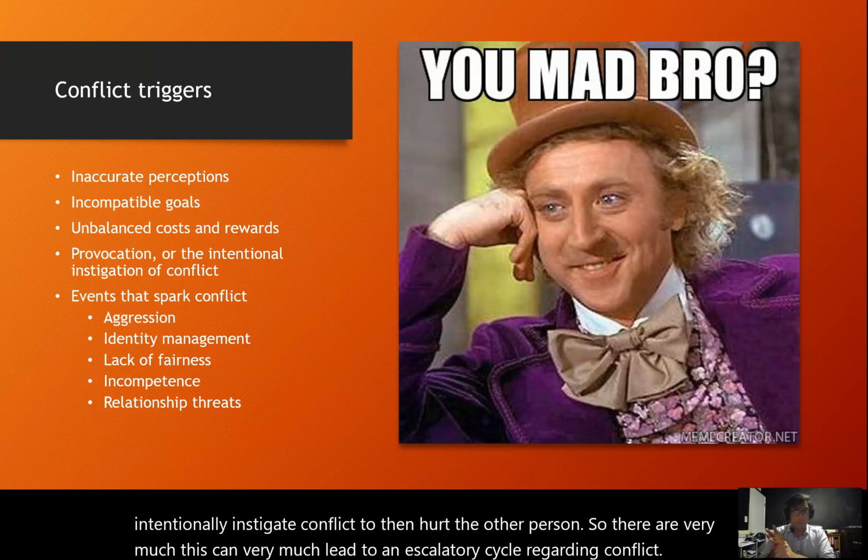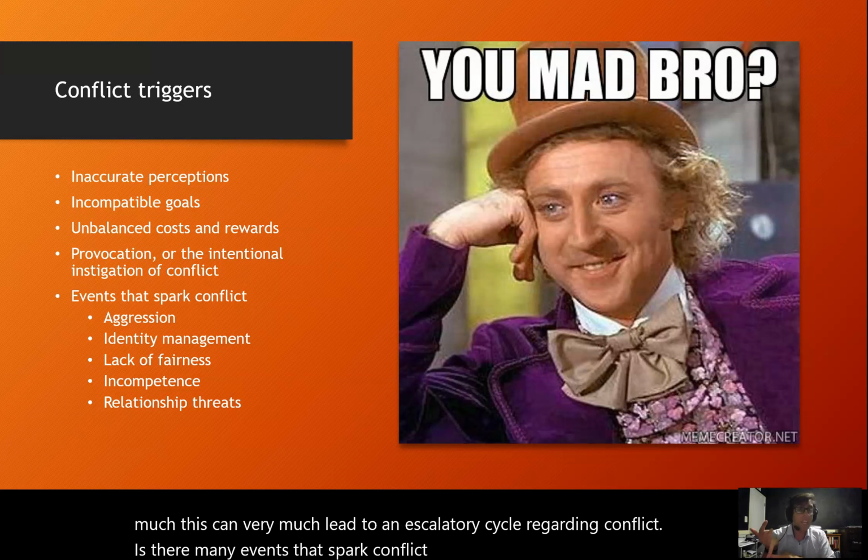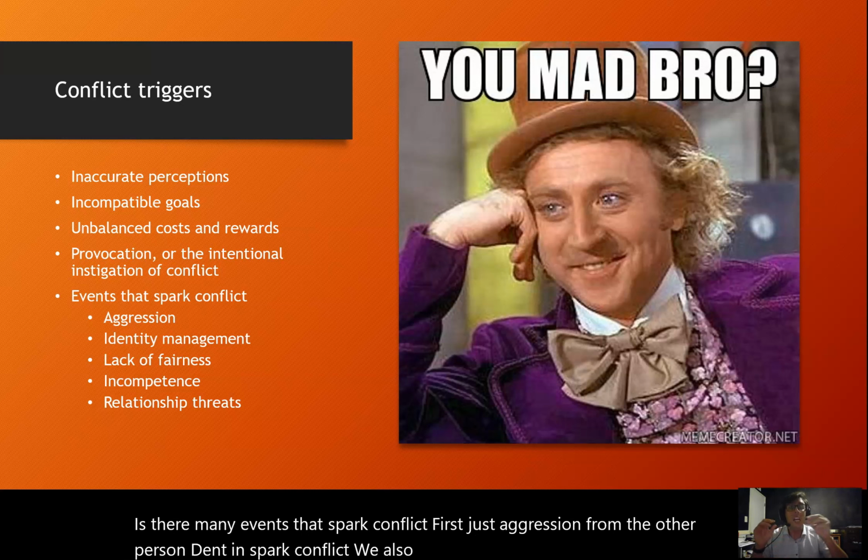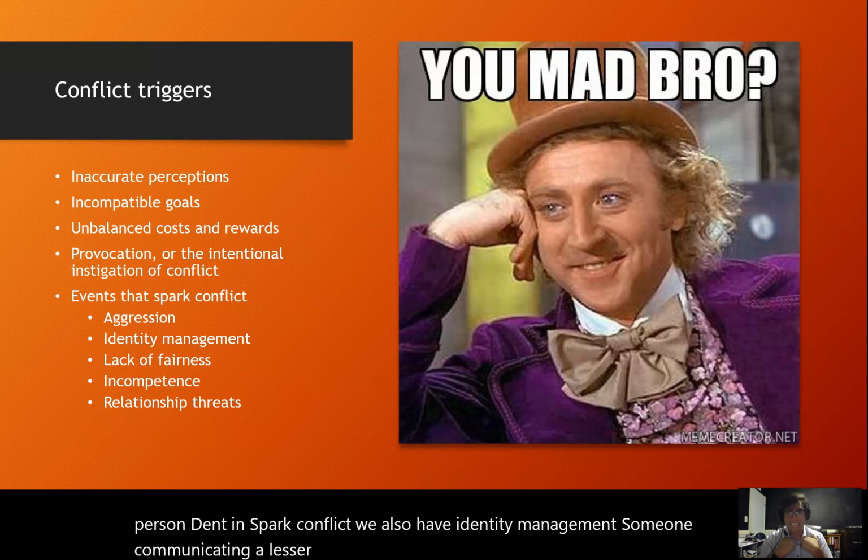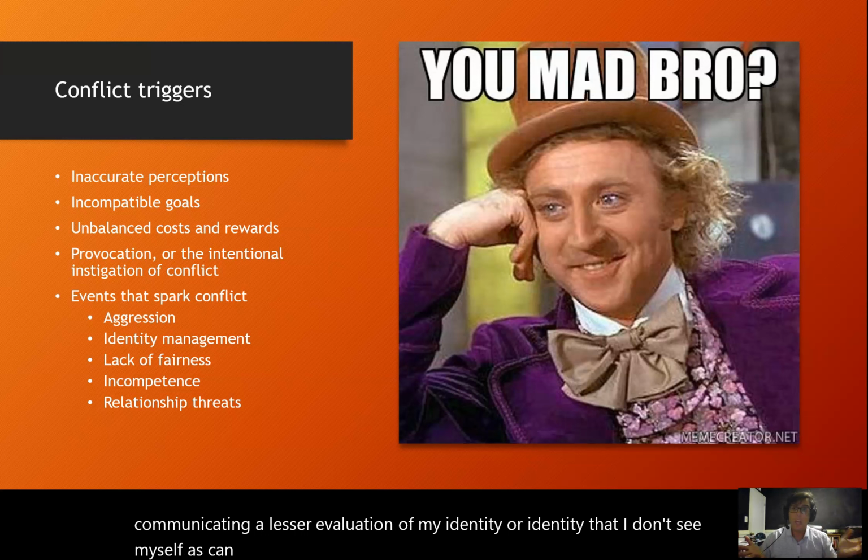There are many events that spark conflict. First, just aggression from the other person can spark conflict. We also have identity management. Someone communicating a lesser evaluation of my identity, or an identity that I don't see myself as, can obviously instigate conflict. We also move into lack of fairness.